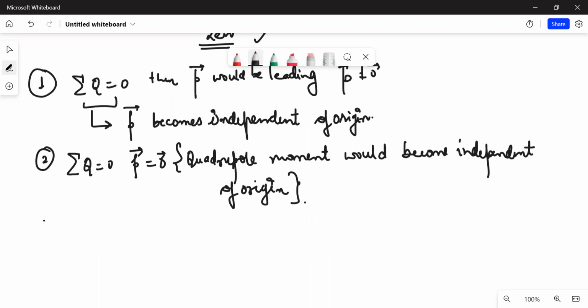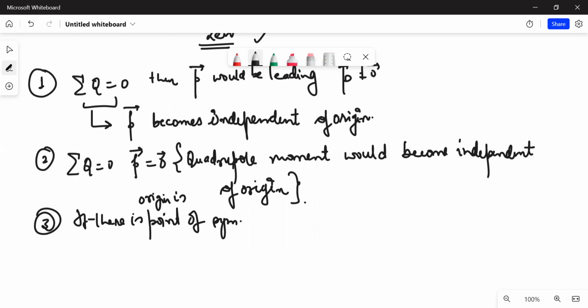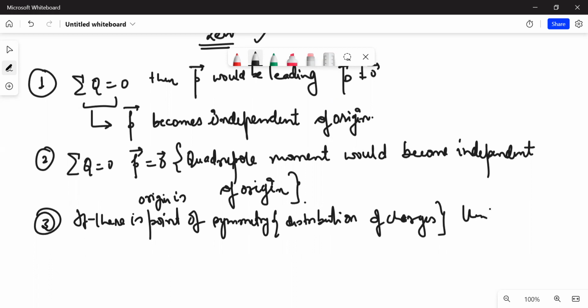And thirdly, another thing that I wanted to assert right now was that if there is a point of symmetry, or you can say if the origin is the point of symmetry in the sense of distribution of charge, so if with respect to the origin your charges are distributed symmetrically, then the net dipole moment happens to be zero.